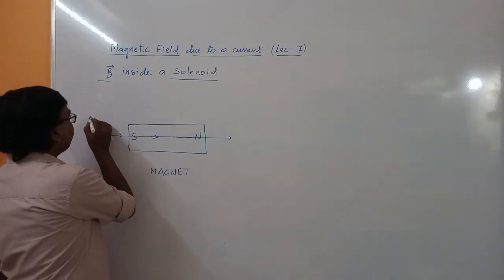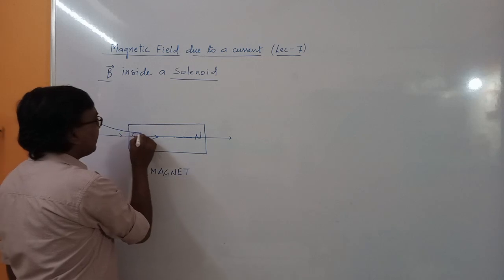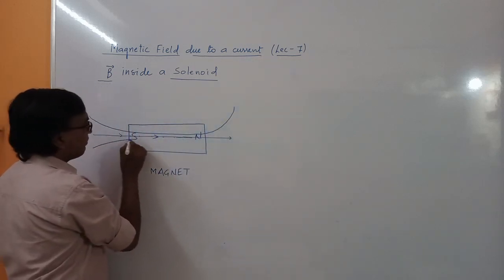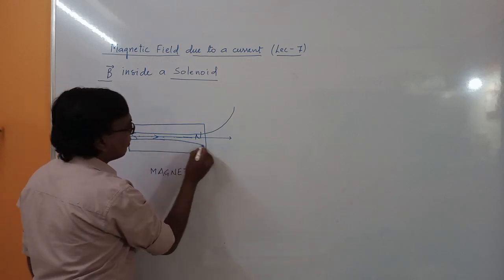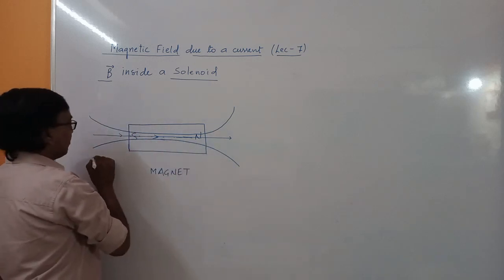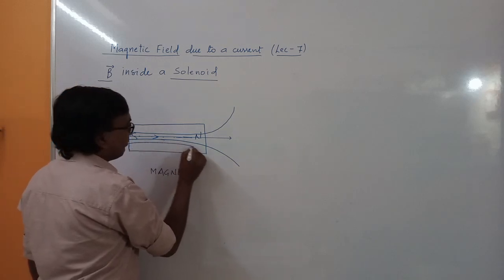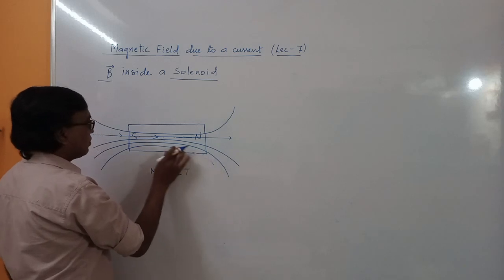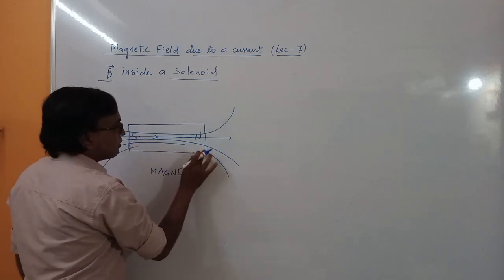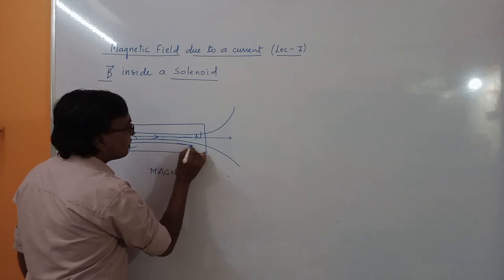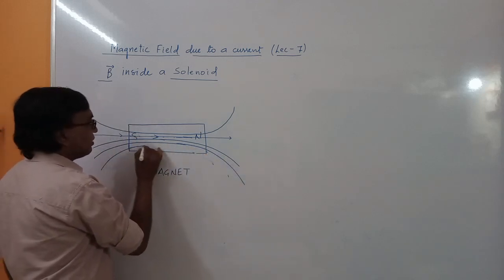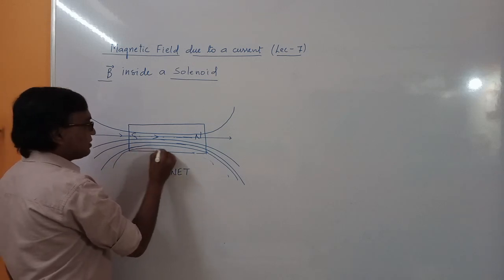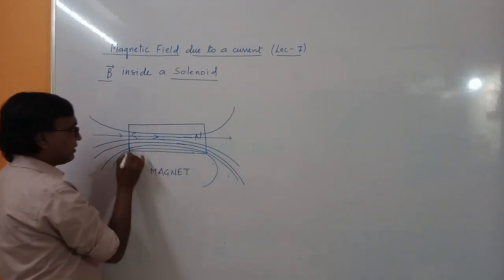Okay, so similarly we have the magnetic field. So this curve should come from here. So these are the magnetic field lines for a bar magnet.